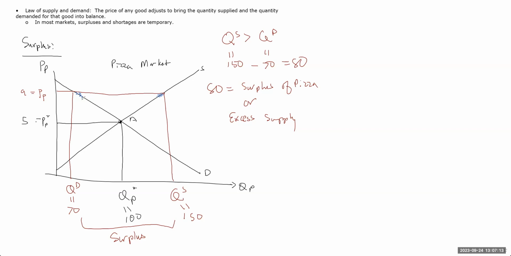So when the price drops from $9 to $8, some people who didn't want to buy pizza start buying pizza. We're moving down the demand curve, and we have an increase in quantity demanded. Well, guess what?